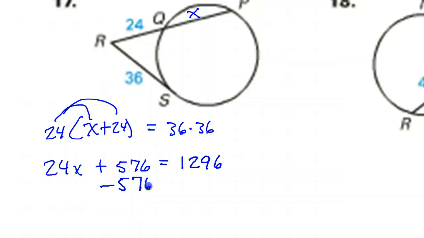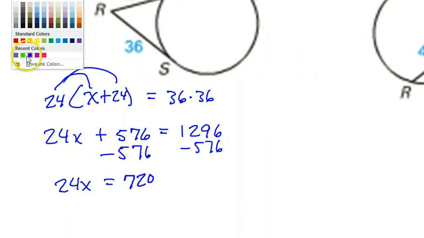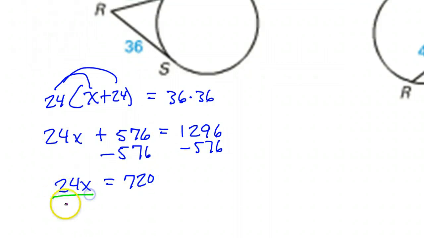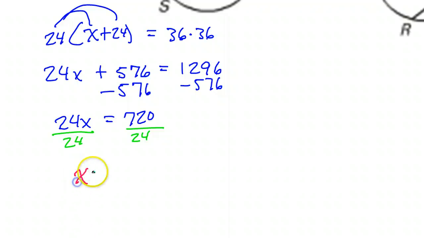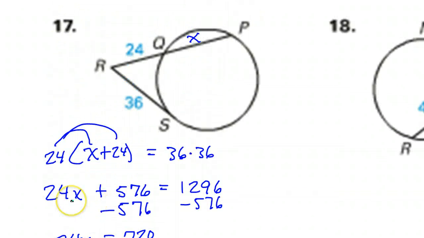Subtract 576 from both sides, and that's going to give us 24x is equal to 720. Then we go ahead and divide 24 on both sides, and we get x equals 30. And that is the answer for number 17.